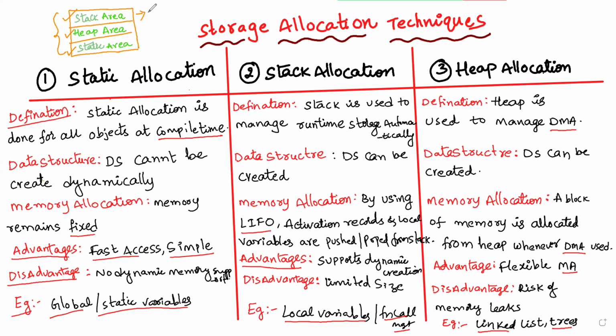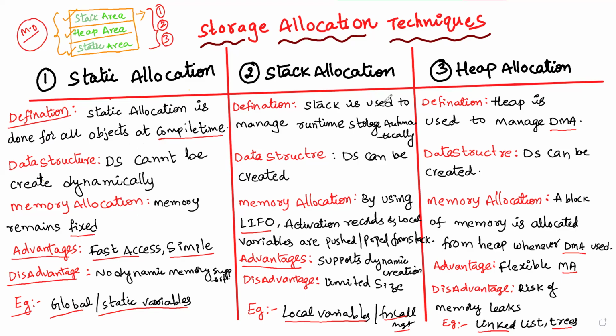Please remember this order. First you write stack, then you remember heap, then you remember static. So this is the memory order, or memory location. In this order the data can be stored: first stack, second heap, third static.